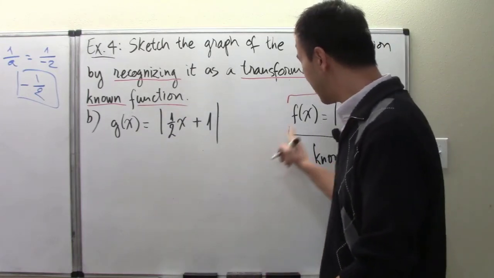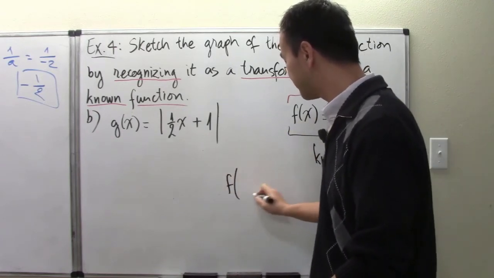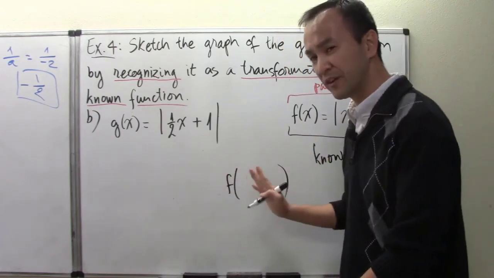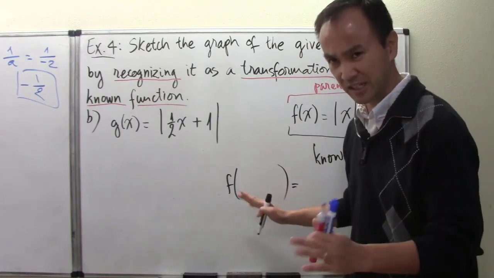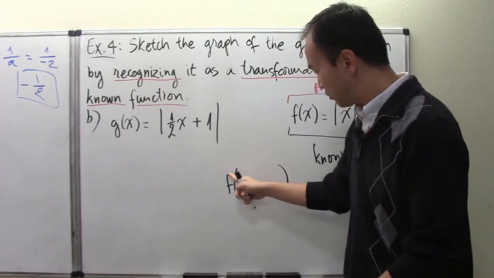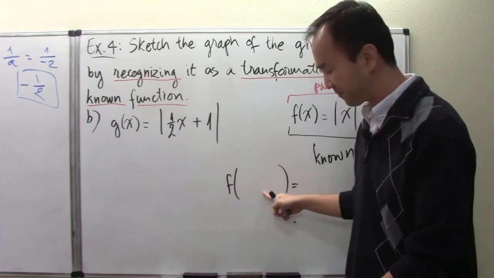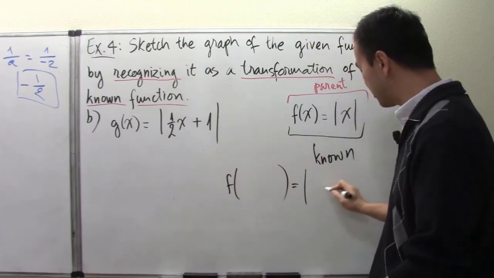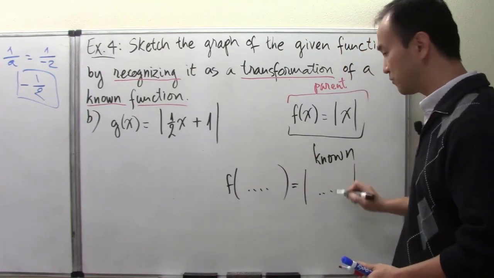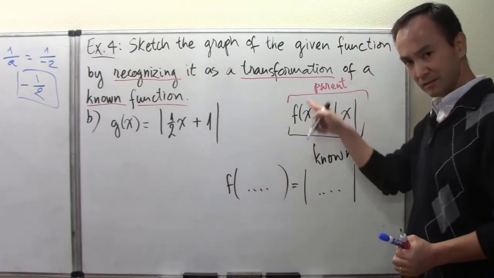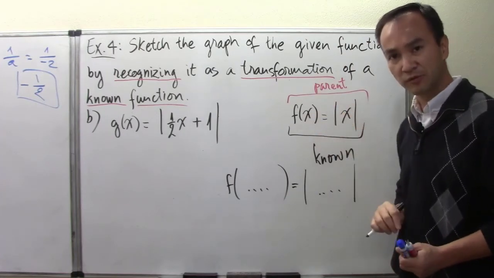Now the rule of f here says whatever input. That's why I'm leaving it empty here, because it's really ready for any input. Whatever the input for f, the rule of f says we're going to take the absolute value. That's the rule for this absolute value function.